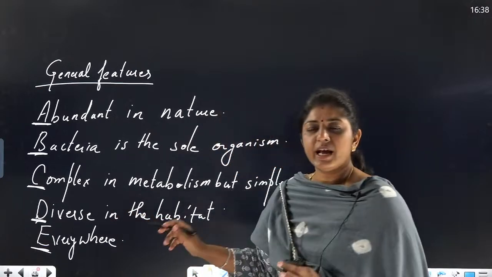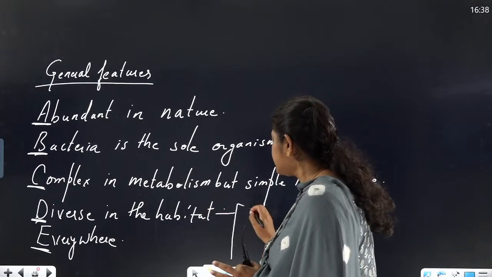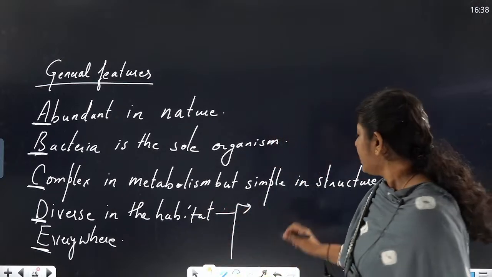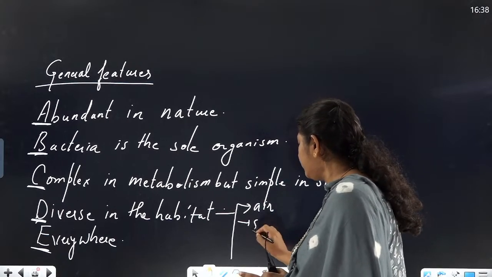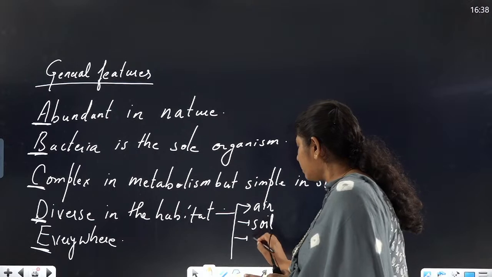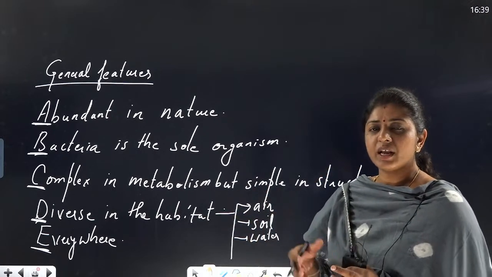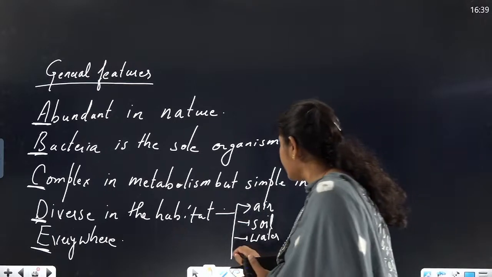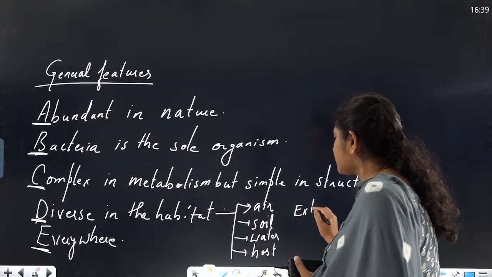Diverse in habitat. Habitat means the place where they live. Very diverse it will be. What diversity can you see in their habitat? It can be in air, it can be in soil, it can be in water, even inside their host, like causing diseases in their host. Even in extreme habitats.